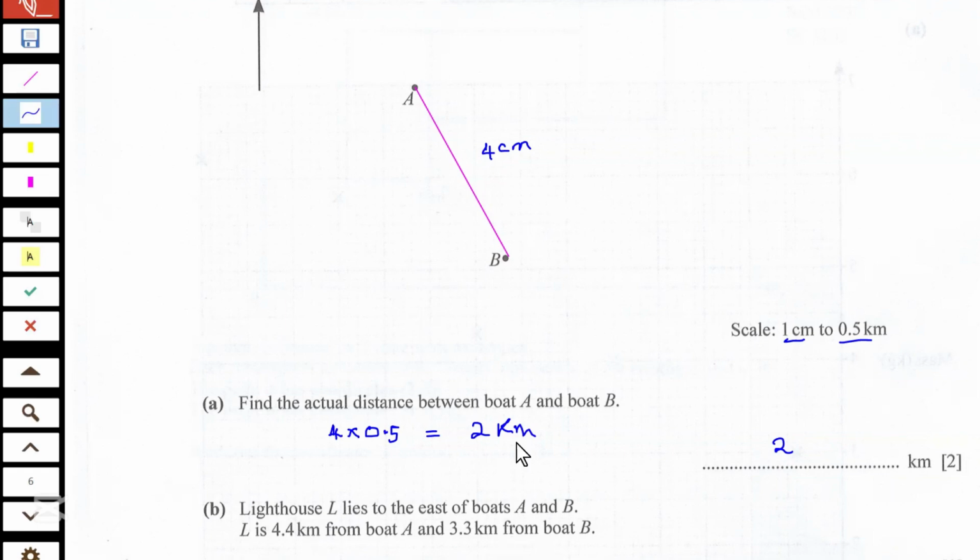To be able to construct this, to find the location of the lighthouse, we have to first convert 4.4 kilometers to centimeters, and also 3.3 kilometers to centimeters. From the given scale, 1 centimeter is 0.5 kilometers. So converting 4.4 kilometers to centimeters would be 4.4 divided by 0.5, and that gives us 8.8 centimeters.